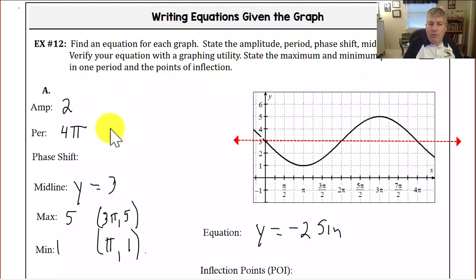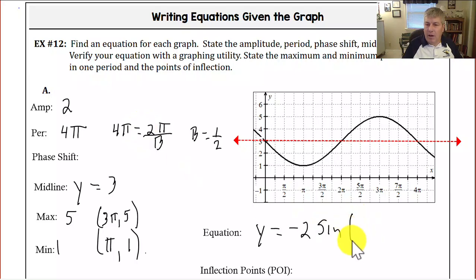So we know that 4 pi equals 2 pi over b. We can do some algebra, or we might eyeball it, but we can see here that b is equal to 1/2. If we divide by 1/2, we will get 4 pi.